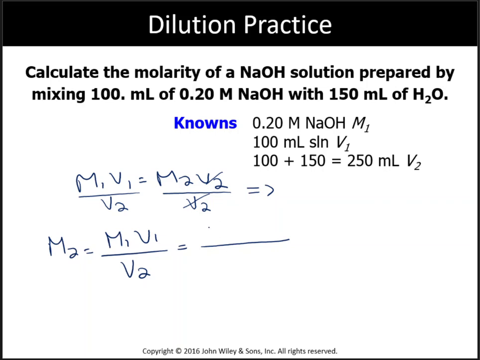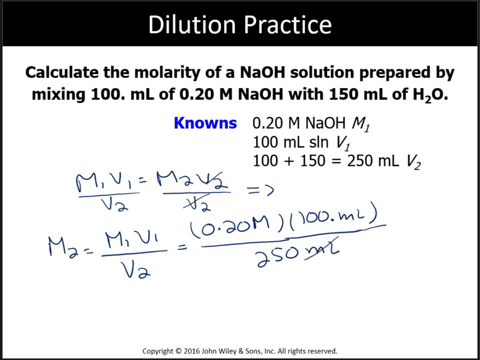So the molarity of our concentrated sodium hydroxide is 0.2 molar. We initially had 100 milliliters of that solution. And then to that 100 milliliters, we added an extra 150 milliliters of water. So our total volume now is 250 milliliters.